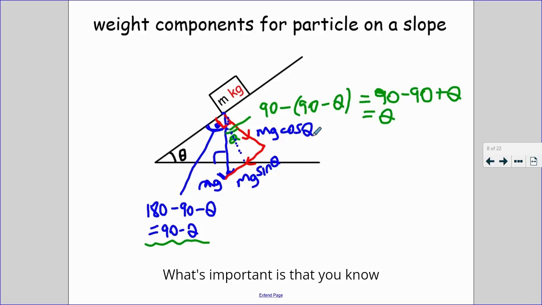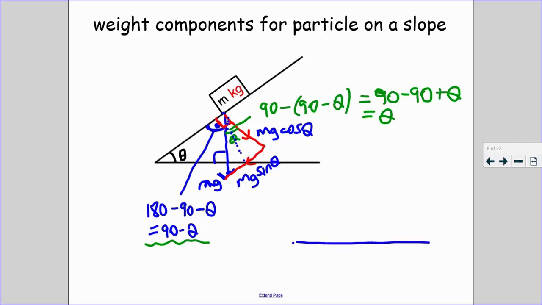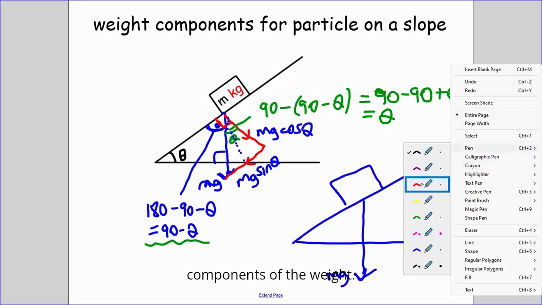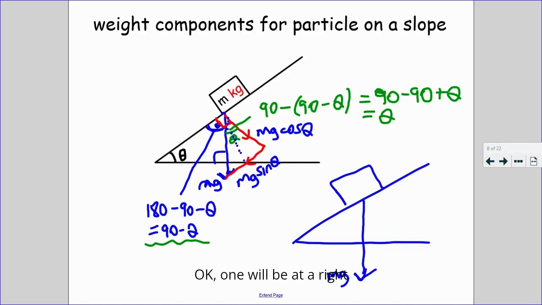What's important is that you know whenever we have a weight on a slope, okay, you will have the original weight, which is mg, okay, and there will be two components of the weight. One is at a right angle and one is in the direction, okay.